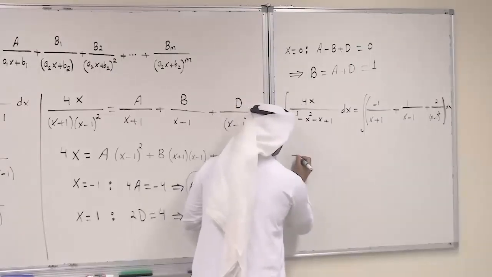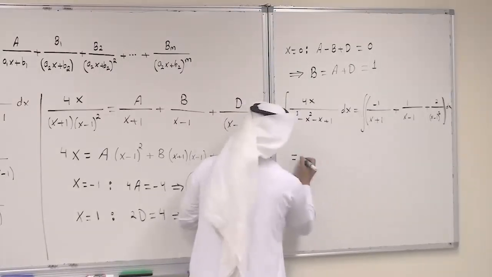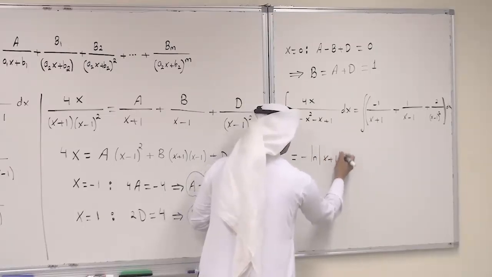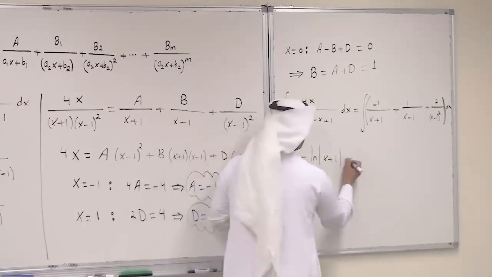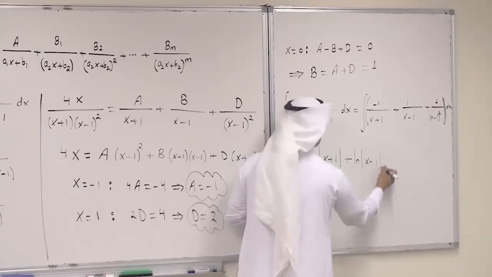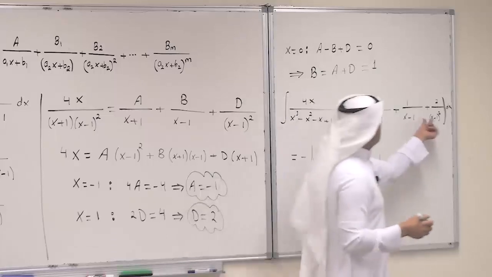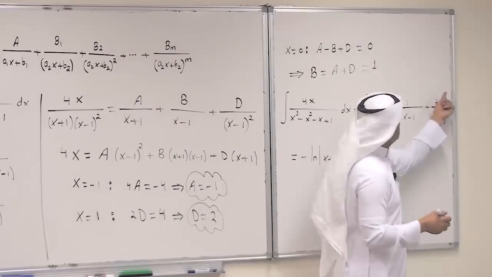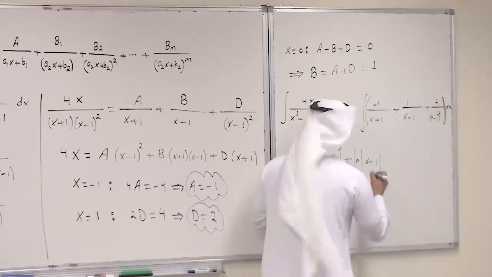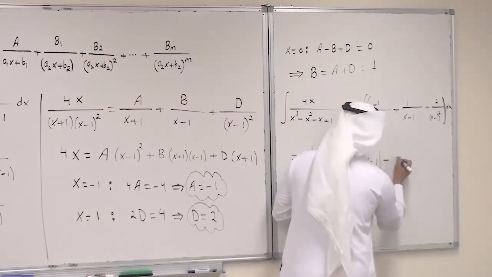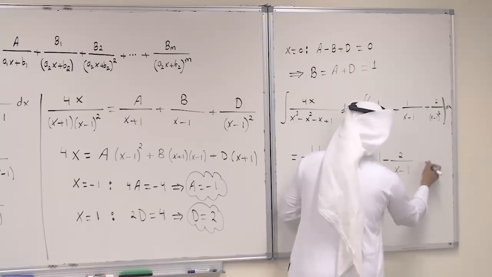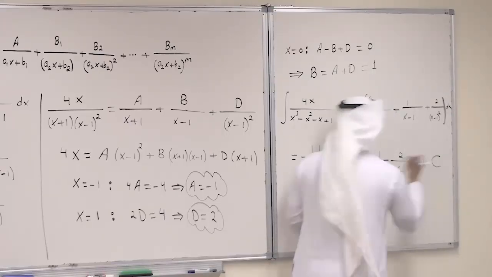This will be equal to minus ln of the absolute value of x plus 1, straightforward, plus ln of the absolute value of x minus 1. And finally, this is x minus 1 to the power minus 2, so it is x minus 1 to the power minus 1 over minus 1, or simply minus 2 over x minus 1, plus a constant of integration c.